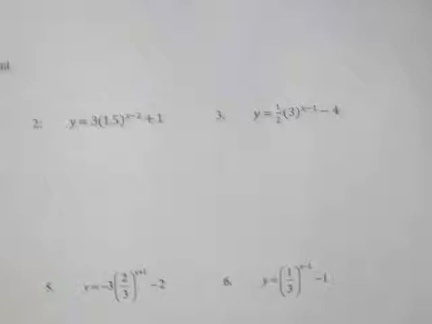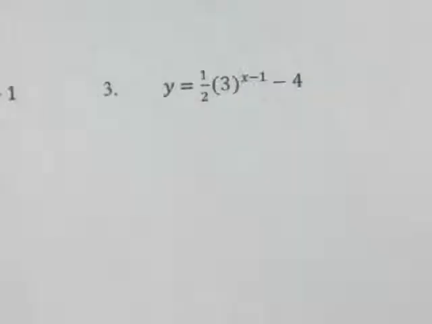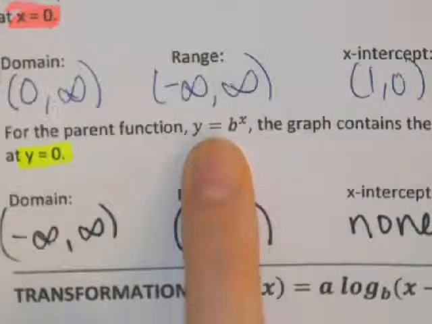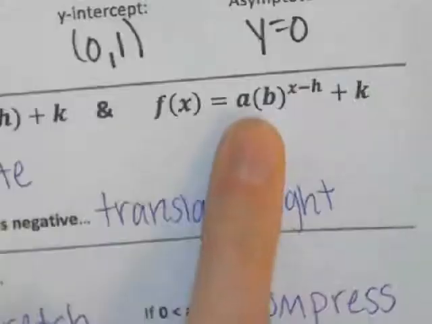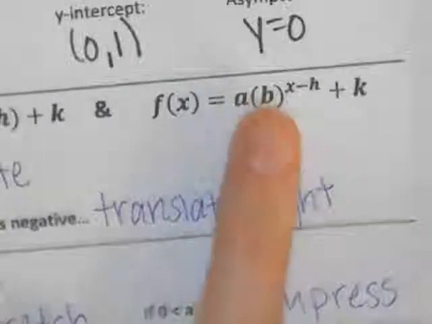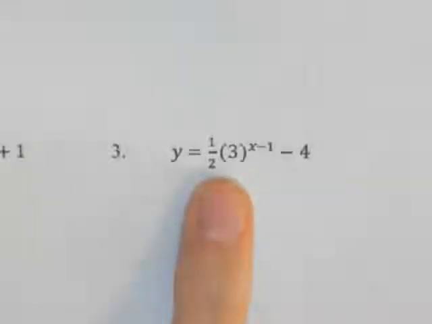What's the parent function of number 3? Think back to what we just did. We said the parent function can have whatever as its base, like this, right? That's the parent function. And this is the transformation form. So what's the parent function of this one?